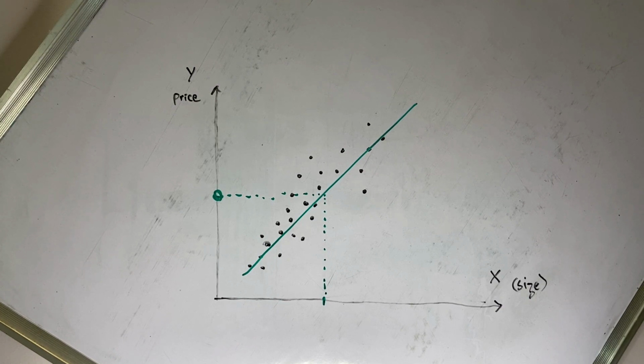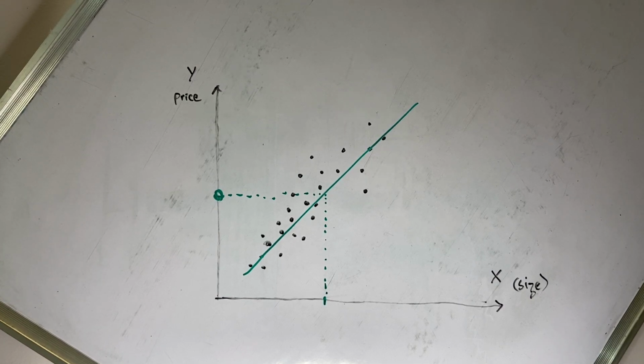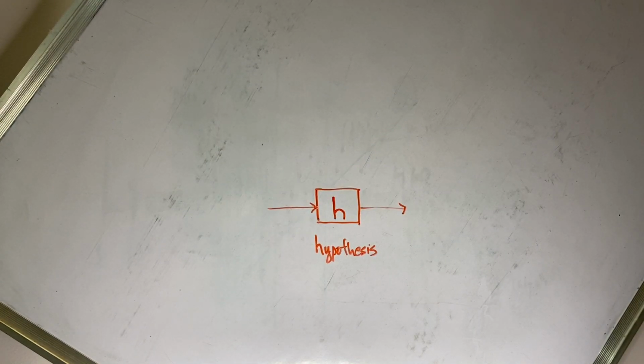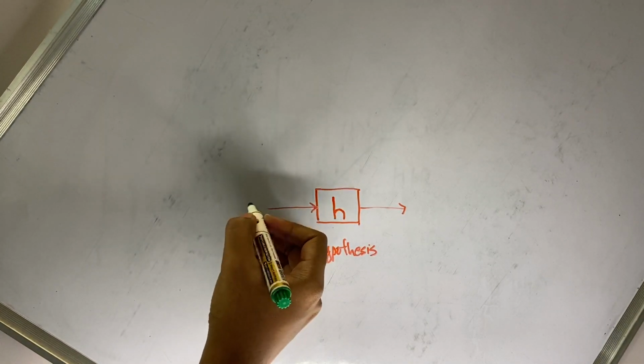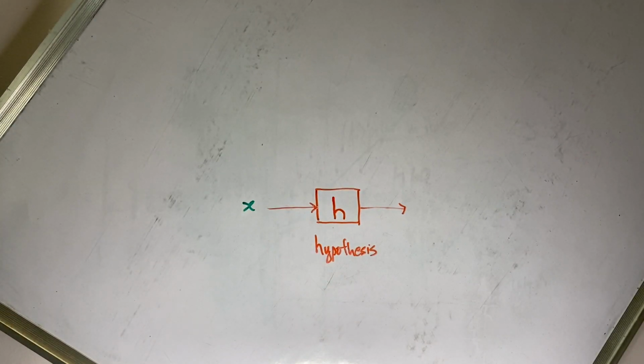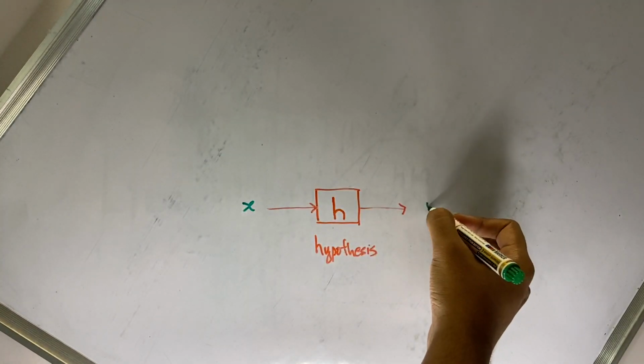Now the training set is nothing but the data samples that we collected. We need to build a learning algorithm that can tweak the hypothesis so that we can get a more accurate price. Based on the data, we need to build a proper hypothesis that can take in the size of the house and then estimate the price of the house.